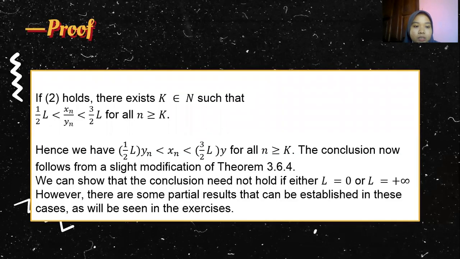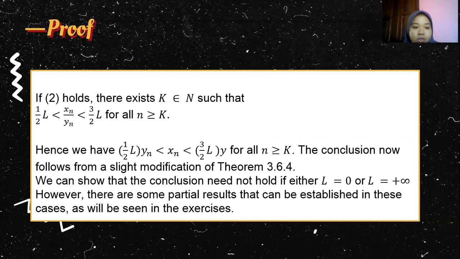And the proof of the theorem: if (2) holds, there exists k ∈ ℕ such that (1/2)L < x_n / y_n < (3/2)L for all n ≥ k. Hence, we have (1/2)L y_n < x_n < (3/2)L y_n for all n ≥ k.